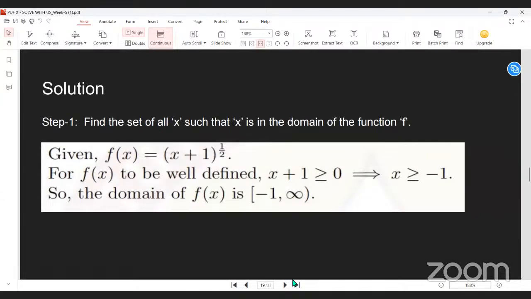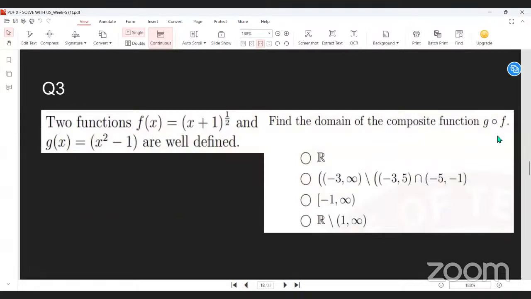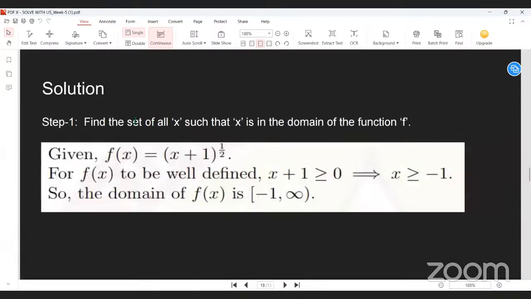Okay, everyone mute yourself, please. So firstly, we need to find g of f of x, right? We need to see that all x are such that x is in the domain of f.